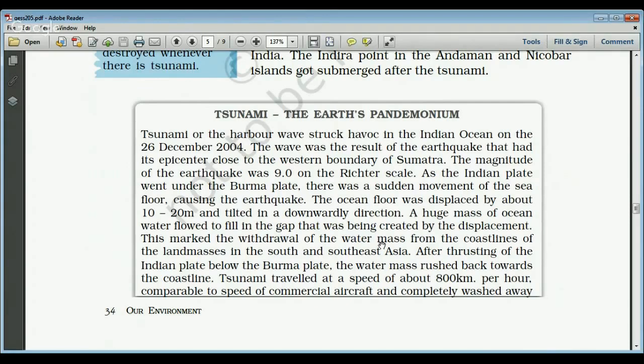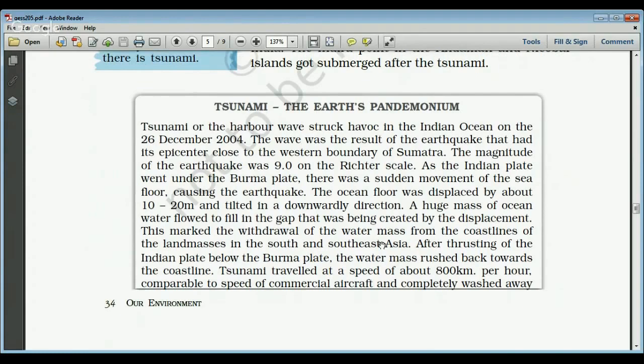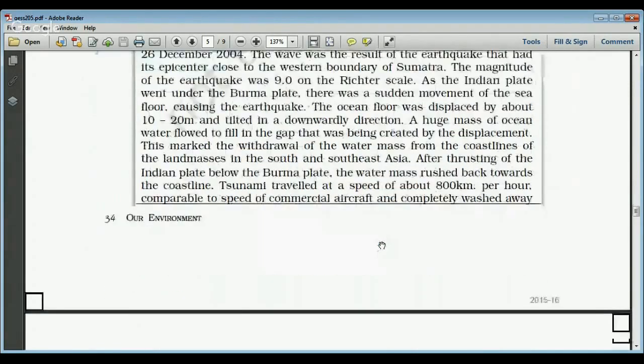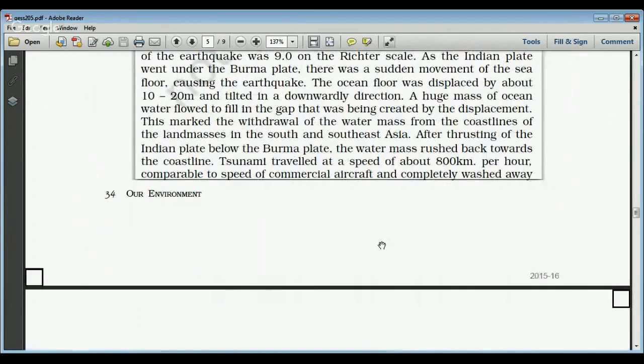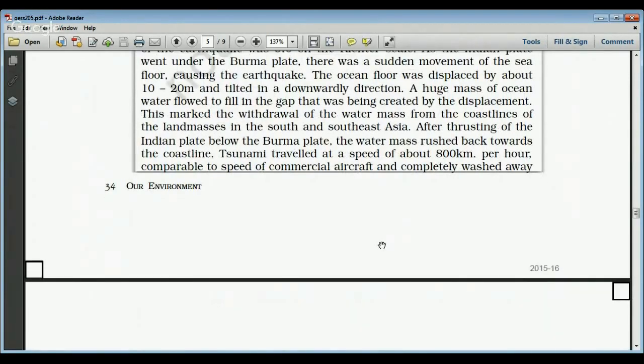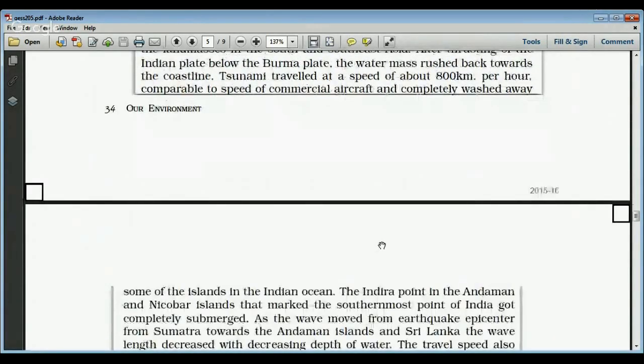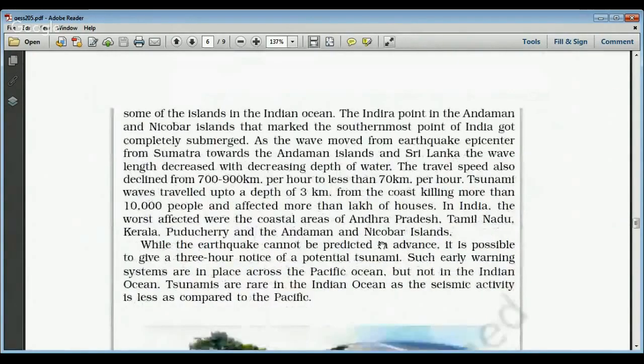And after the thrusting of the Indian plate below the Burma plate, the water rushed back toward the coastline, and that tsunami actually traveled at a speed of more than 800 kilometers per hour, which can be compared to the speed of a commercial aircraft. And it completely washed away some of the islands in the Indian Ocean.